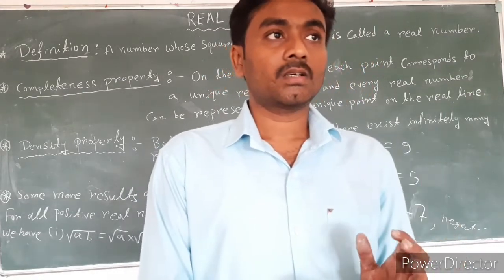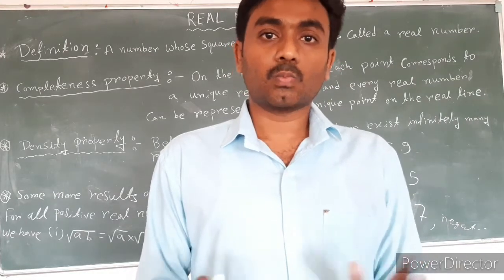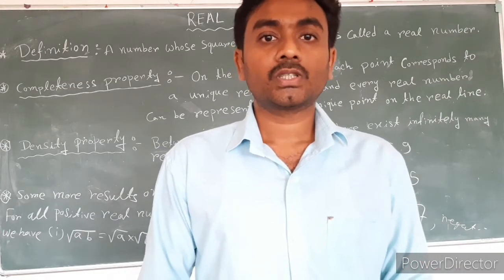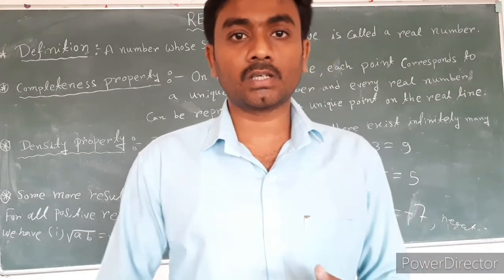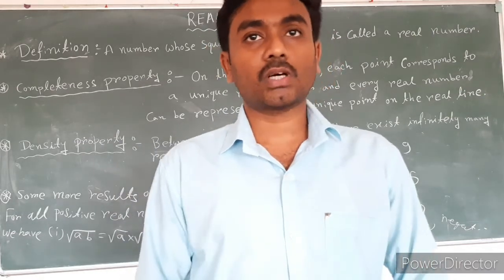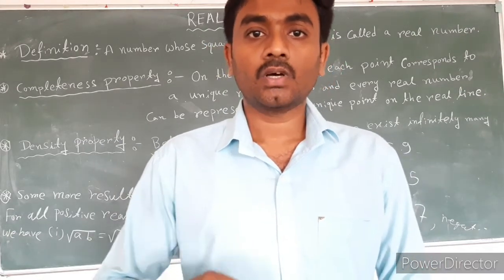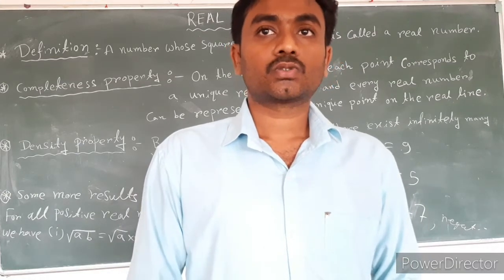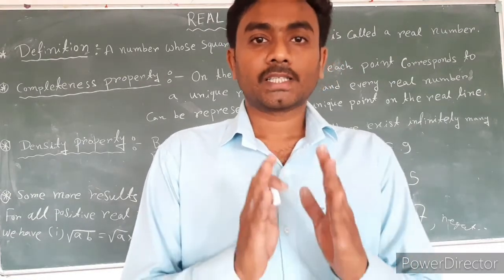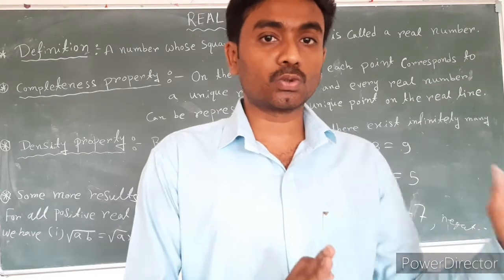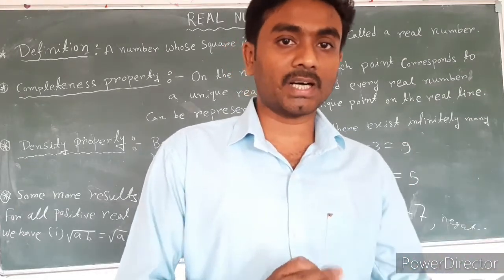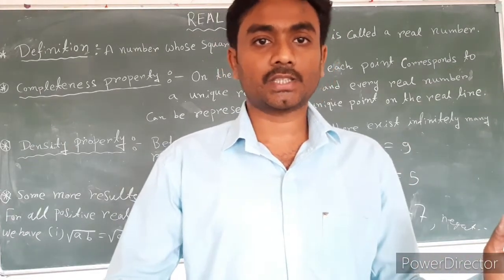Rational numbers and irrational numbers both are real numbers because the square of any rational number is always positive and the square of any irrational number is always positive. So real numbers can be divided into two groups. One is the rational part and another is the irrational part.